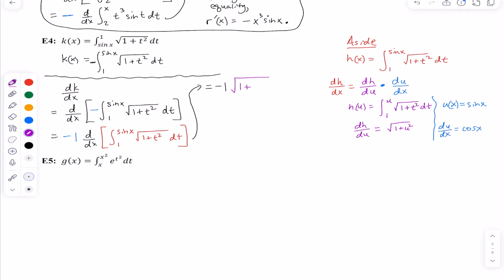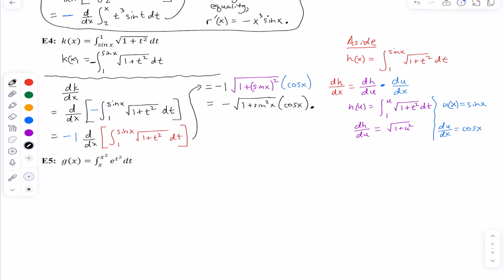But what is u? u is actually sine of x, times the derivative of u with respect to x, which is cosine of x. So this is a great application of the chain rule. Reinforces your understanding of functions.